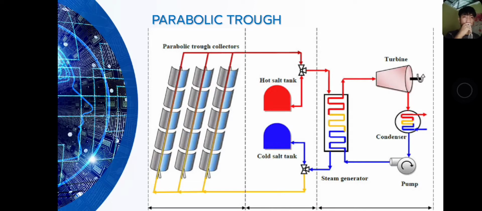And pag kailangan na ng kuryente, yung high temperature molten solar salt is magpo-flow sa heat exchanger. Simultaneously, yung water from water storage tank and then yung high temperature solar molten salt will hit the water, creating a superheated steam.